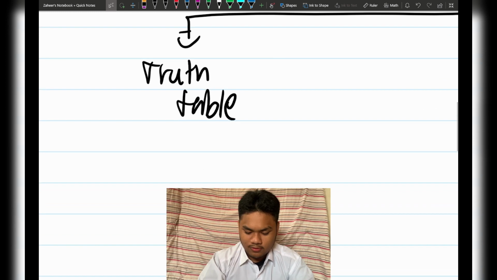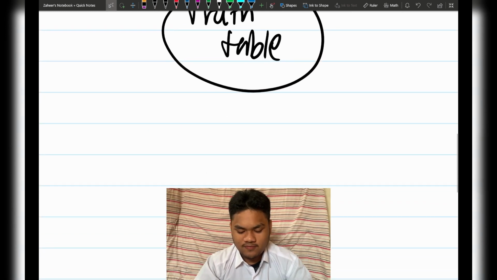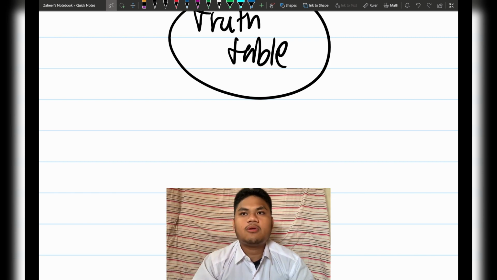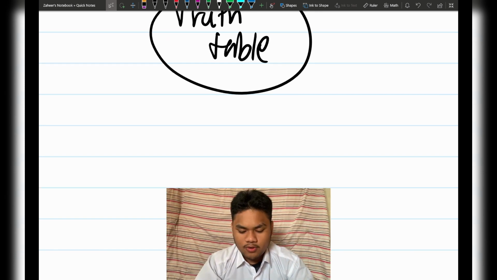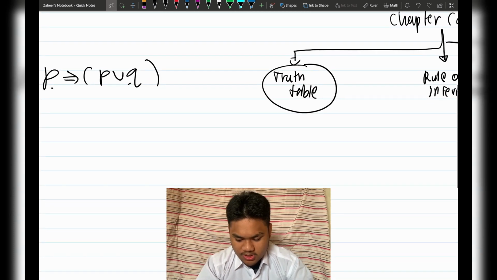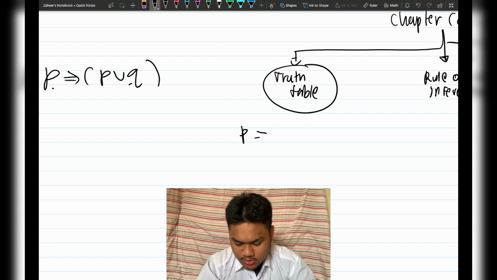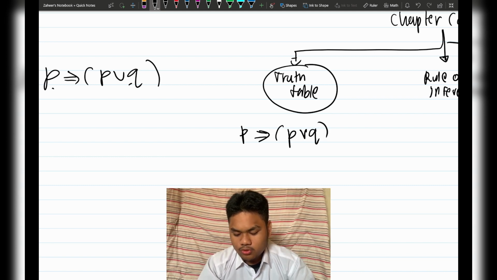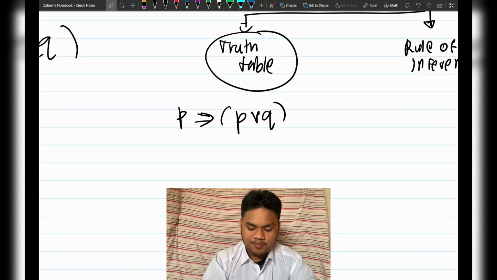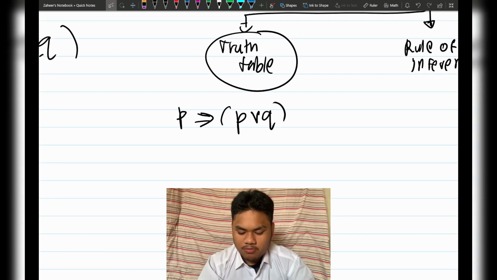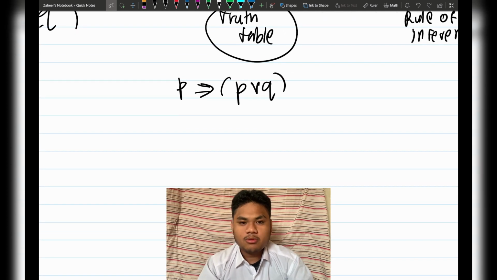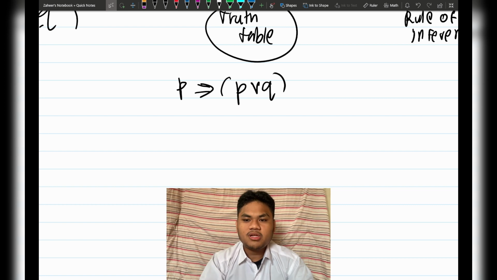Now we go to the truth table. First thing first, what we need to know about the truth table is how many columns we need to put in our table. For the truth table, I will give one example. The question is: P is logically equivalent with P or Q. So what we need to do is to prove P logically implies P or Q. First, to know how many columns we need, we count how many variables are in this statement.